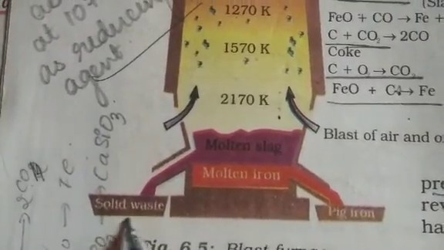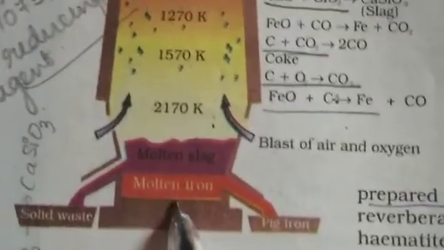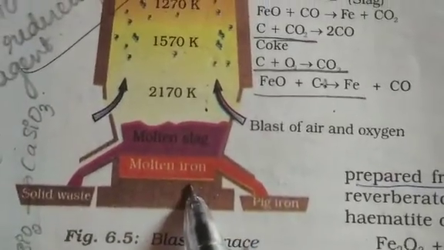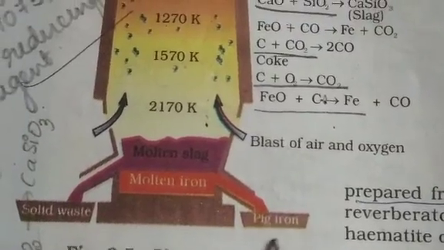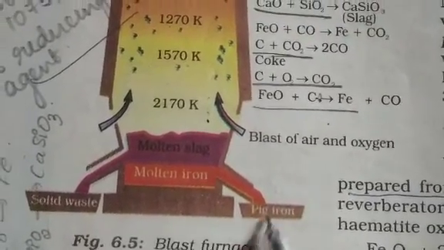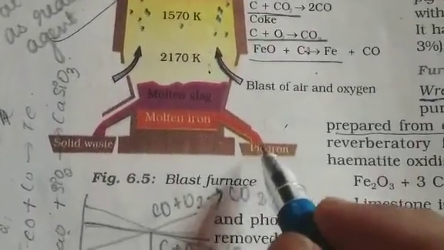That will be taken out from the blast furnace as a solid waste, and your molten iron is separated from the molten slag, and it is obtained as your pig iron. Here you have to remember, whatever iron we obtain from the blast furnace is pig iron.